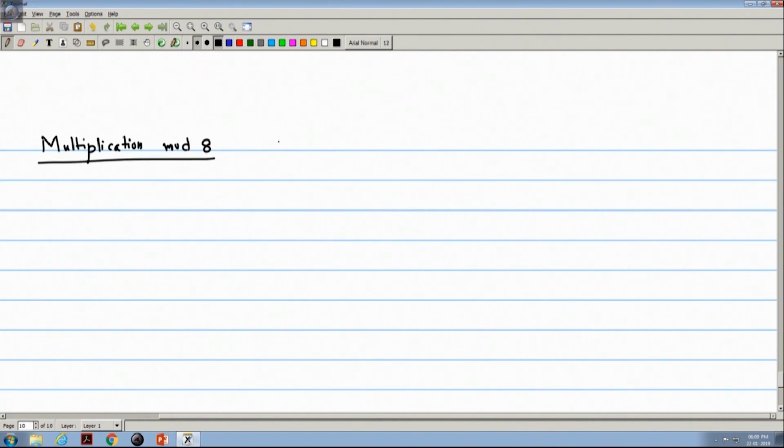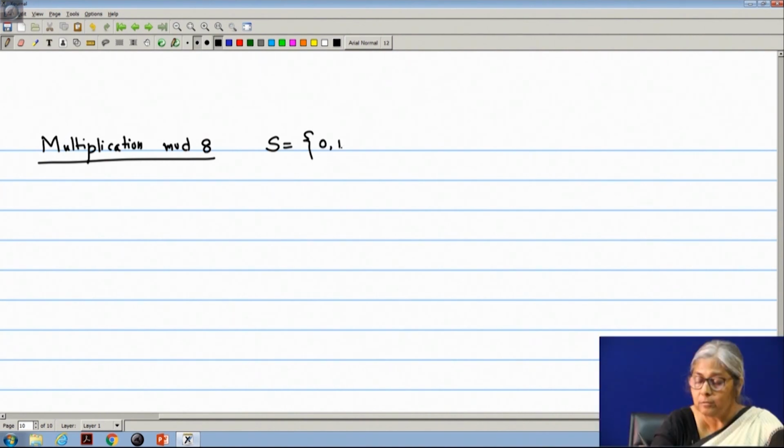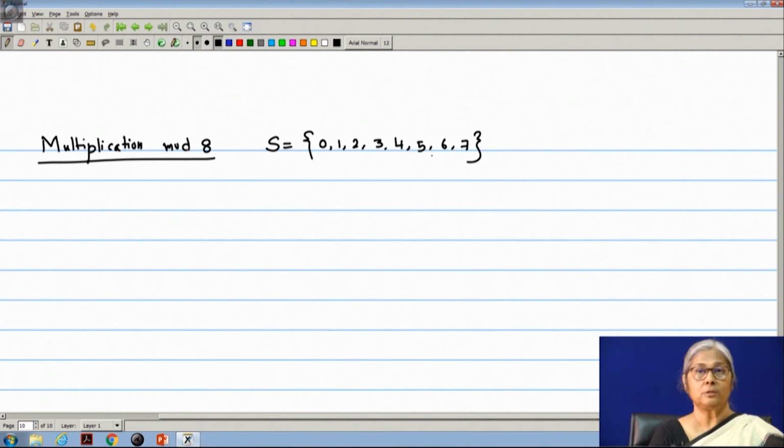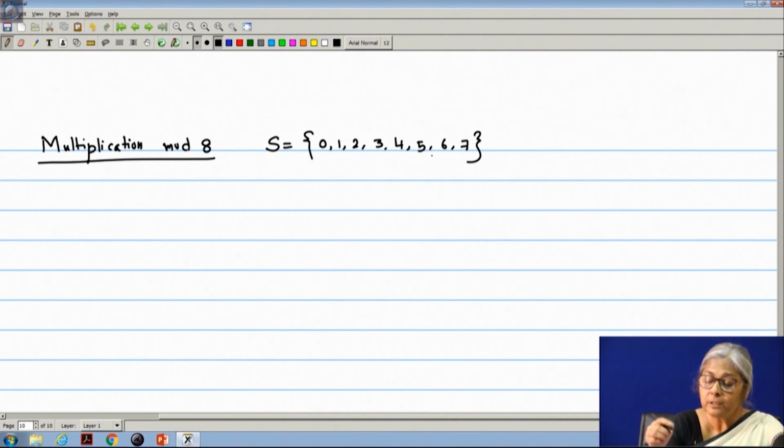The same thing: since here it is modulo 8, my S is 0, 1, 2, 3, up to 7. So, I am considering the modular arithmetic, how this multiplication operation operates on this set.